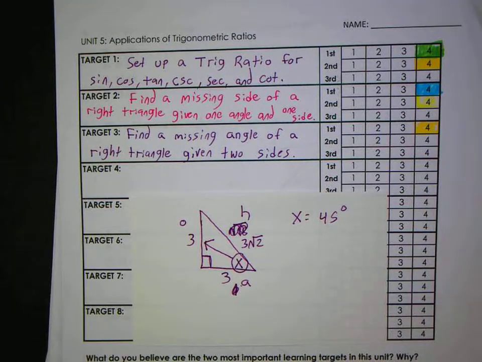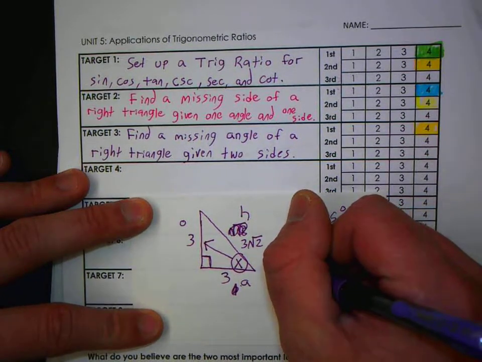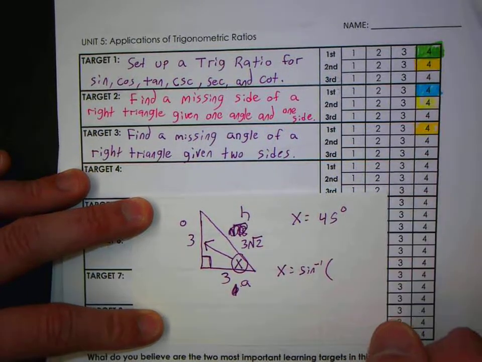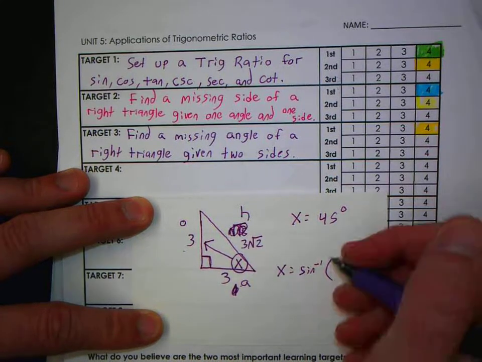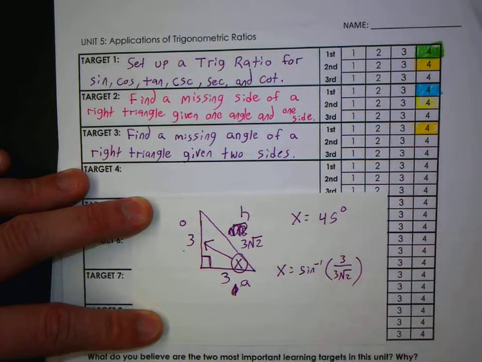I'm not going to use sine just because it's the first one. And I don't like playing favorites. So then X would equal sine inverse, so O over H, 3 over 3 square root of 2.